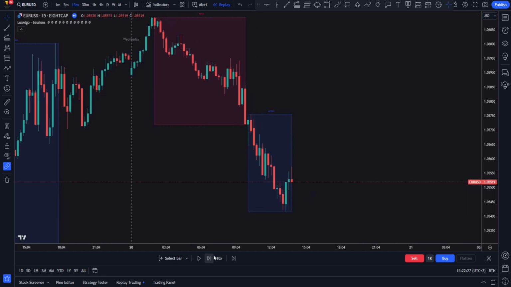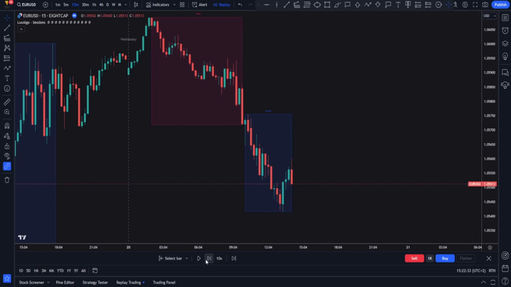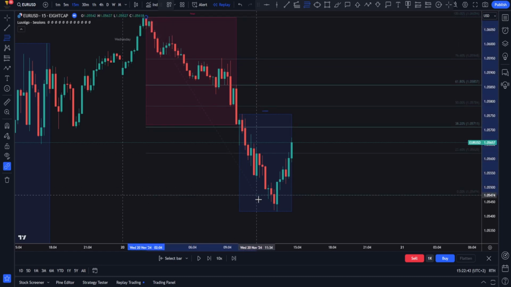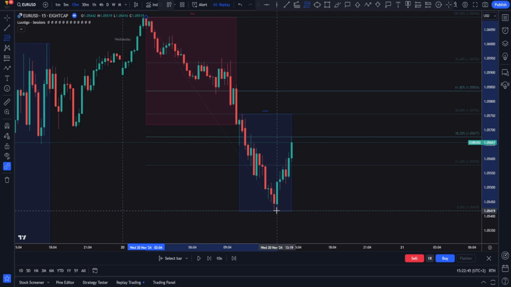London keeps pushing down, and at this point it's pretty much 2 p.m. However, we're still in the London session, and what I can do is I can take my Fibonacci and place it from the highest point of the Asian session down to this low from the London session.